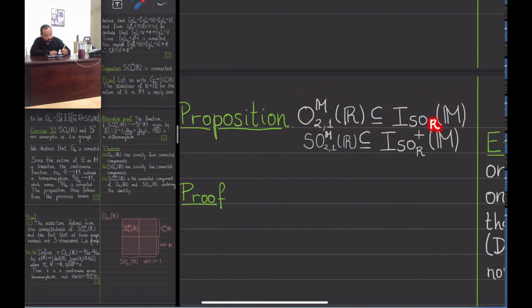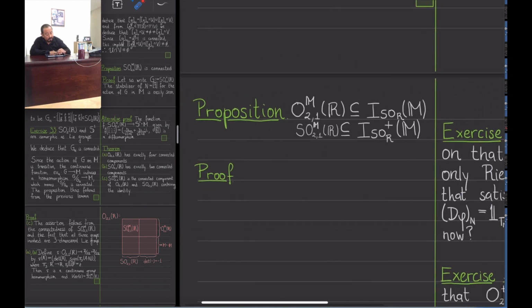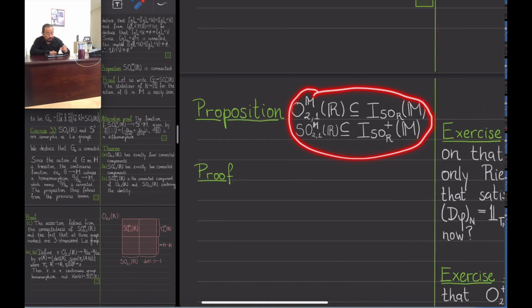This R is for Riemannian. This R is for Riemannian as well. That this one is the full group of Riemannian isometries, and that this one is the full group of Riemannian isometries that preserve the orientation. So this plus is for the orientation. Okay, so you see here is one point where having a plus here would be a possible source of confusion. And I would say that now these two inclusions, these two containments are obvious.